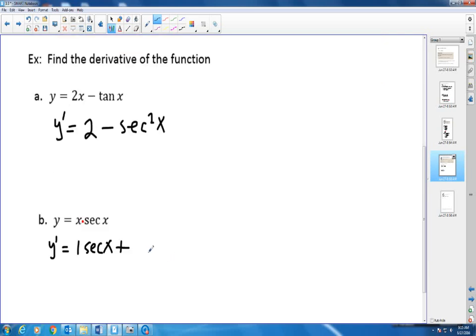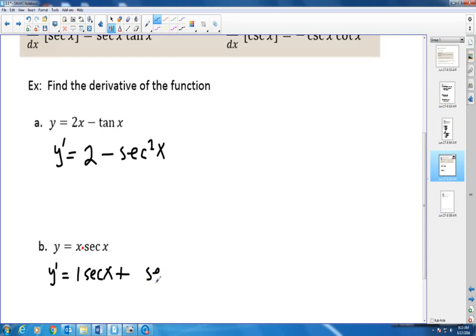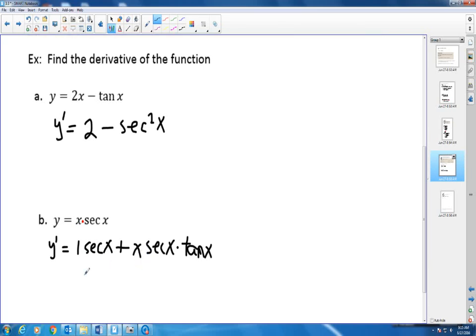Derivative of secant is secant x times tangent x, times the first, which is x. Since both terms have secant in them, I can factor out my secant. That will leave me with just 1 plus x times tangent x.